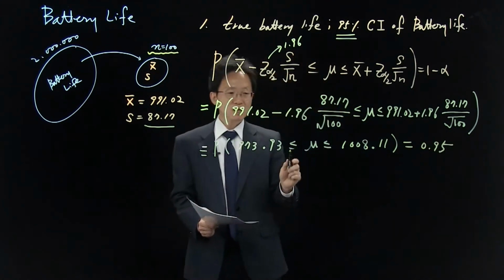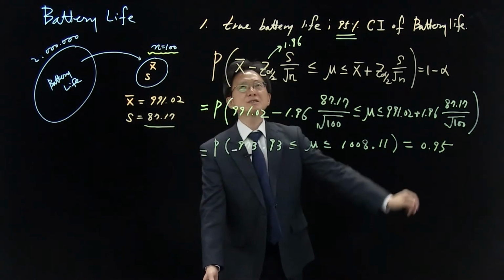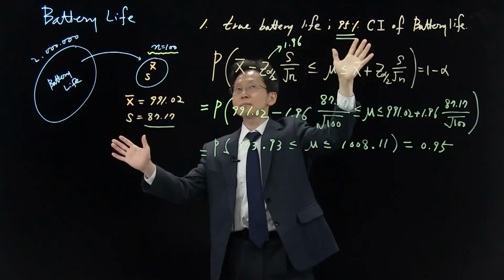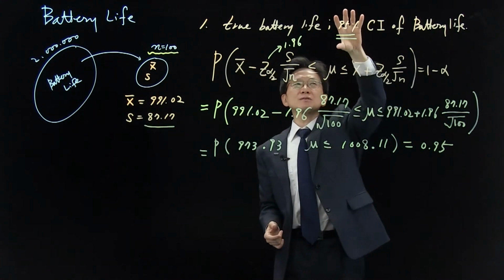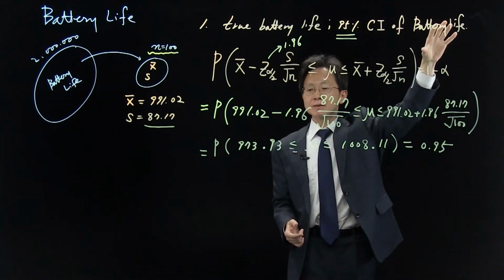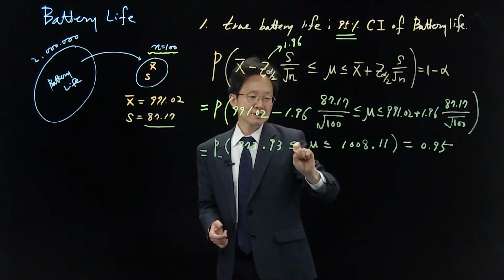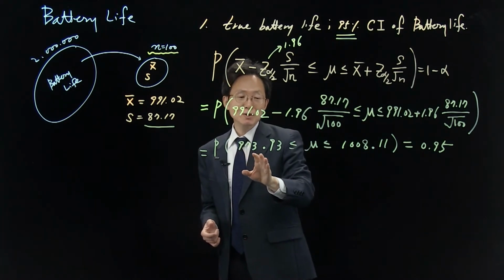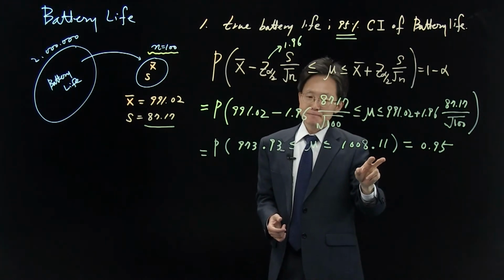With probability 0.95. That's our answer. So when someone asks me what is the true battery life of iPhone 5 or iPhone 6 or whatever, or even asks me what is the 95% confidence interval of that battery life, then my answer is that the true battery life is between 973.93 and 1008.11.